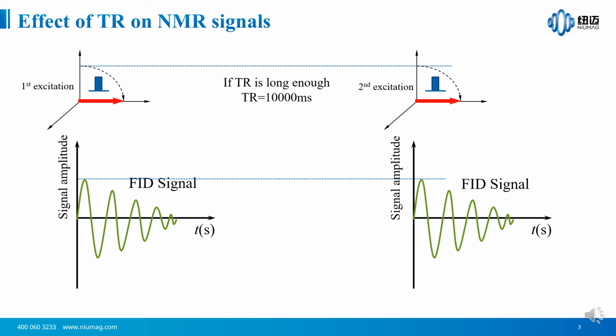Then we apply a second 90-degree pulse. The magnetization vector is also deflected by 90 degrees, and the sampled signal is the same size as the first one. After the third excitation pulse, the detected signal is still the same. So only if the TR is long enough, the signal acquired is the same each time.